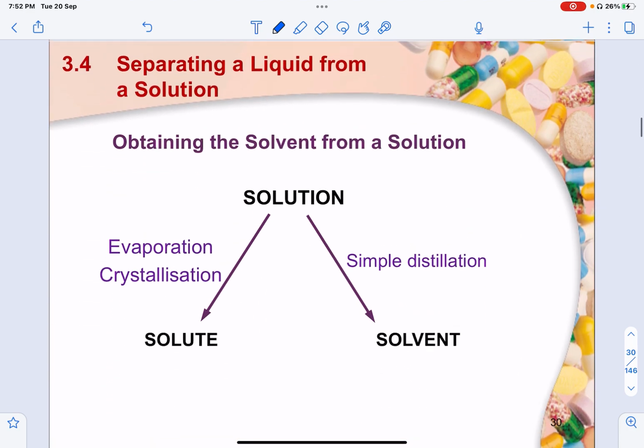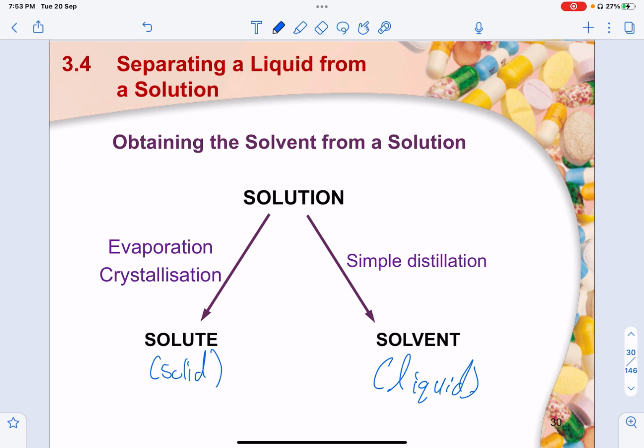So when it comes to the separation of a liquid from a solution, what is meant by solution? A solution is made out of two things, lah. Either the solid, which is known as the solute, or the solvent, which is the liquid portion.